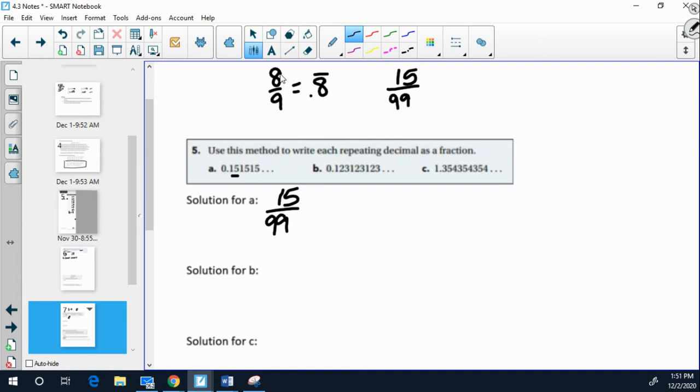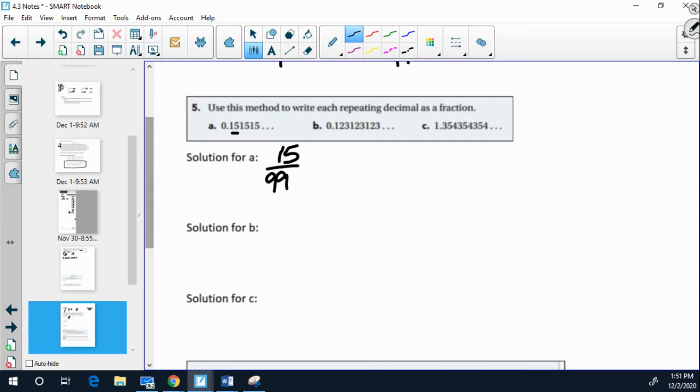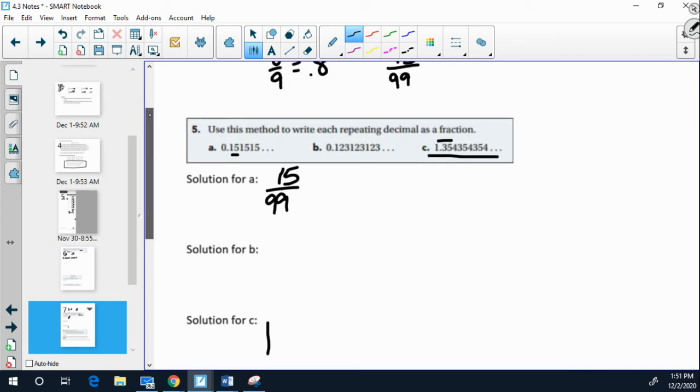All right, now I'm actually going to skip down to C. It's a little tougher, and then I'm going to have you try out B on your own. So again, looking here, 3, 5, 4 is what's repeating. This one has that whole number 1 out front, so I know I still need the whole number 1 out front in my fraction answer also. And again, the pattern, just like above, continues.